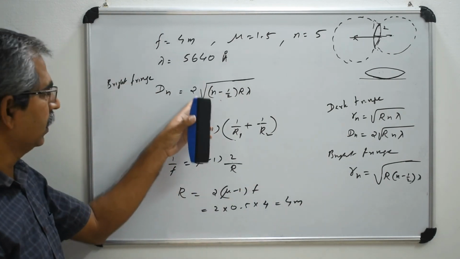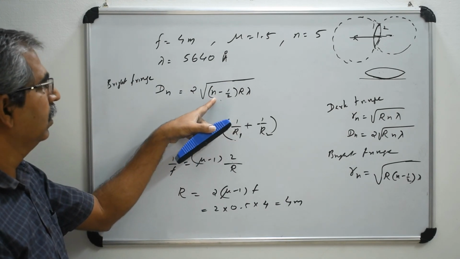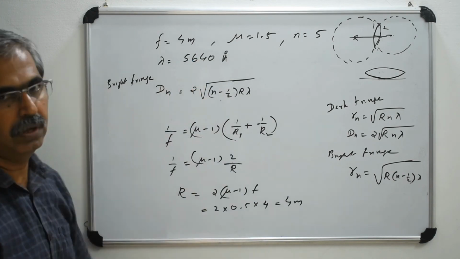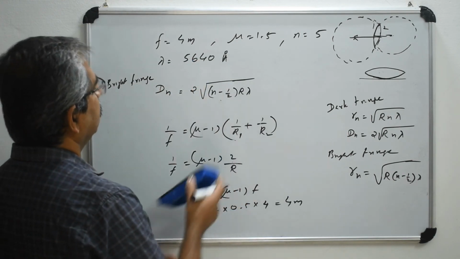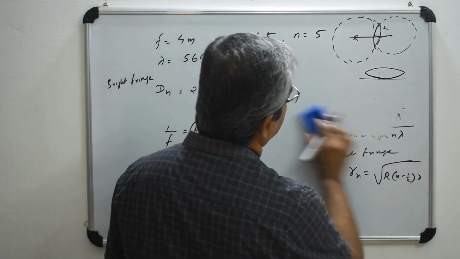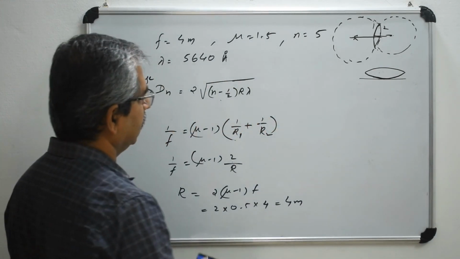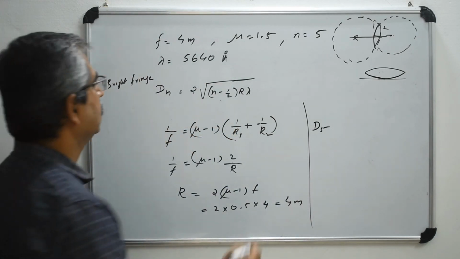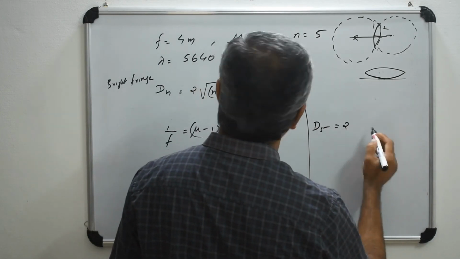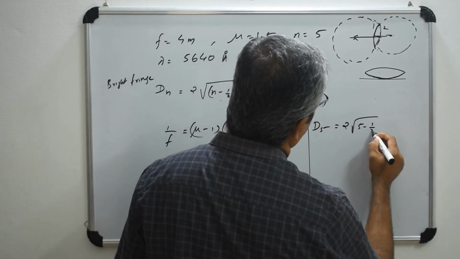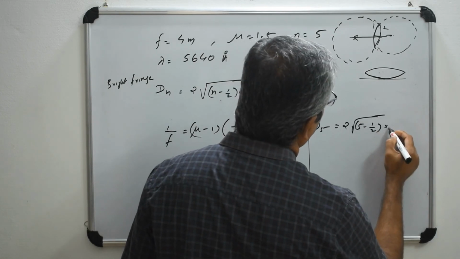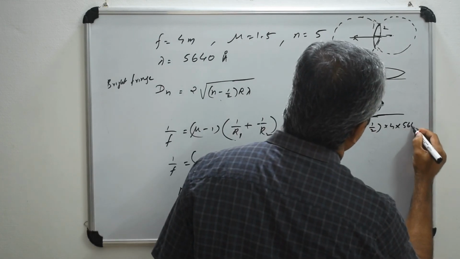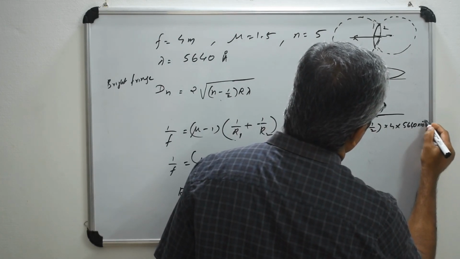Now putting the values here, all these values are known. N is 5, R is 4 meters, and lambda is equal to 5640 Angstrom units. Putting those values, you will get the diameter D5 of the fifth bright fringe, that is equal to 2 into square root of 5 minus half into 4 into lambda 5640 into 10 to the power minus 10.